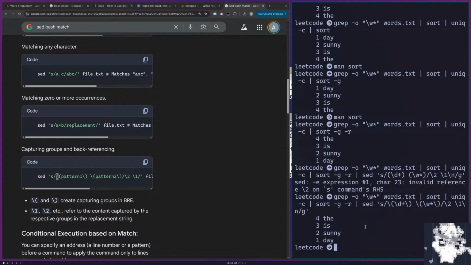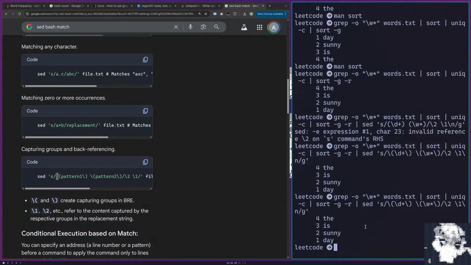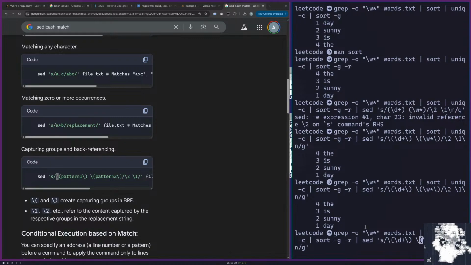Okay. That didn't work. But why? I mean, let's simplify what I'm trying to do.